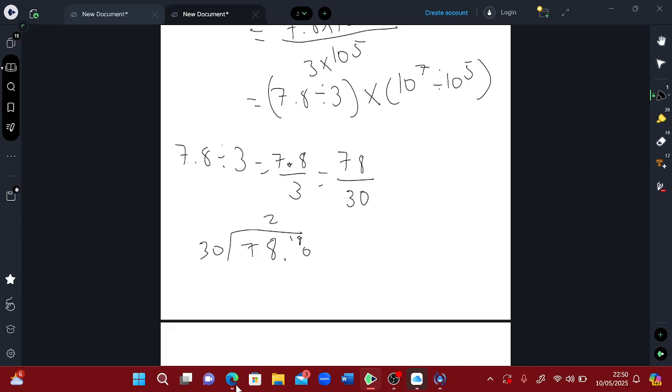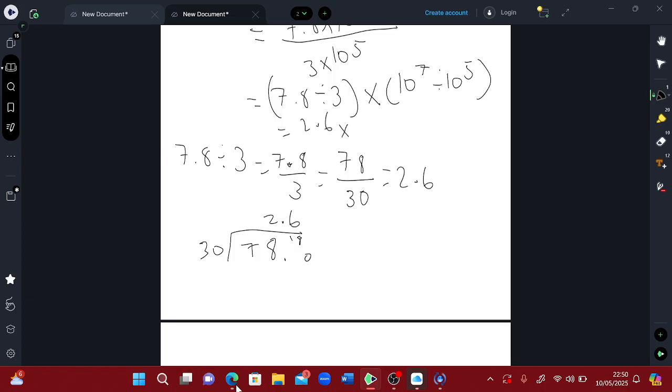So it's 18 and then a 0. So how many 30s go into 180? 30, 60, 90, 120, 150, 180, exactly 6 times, right? 2.6. So actually this answer here is 2.6 times.